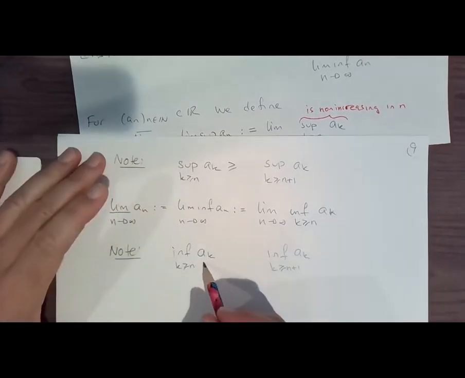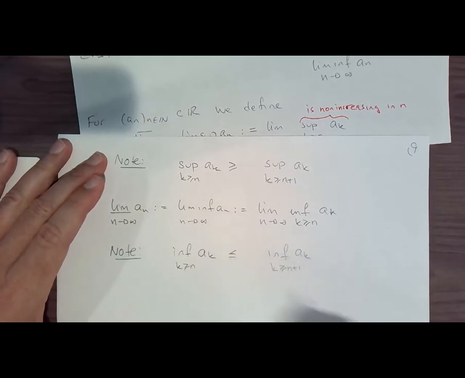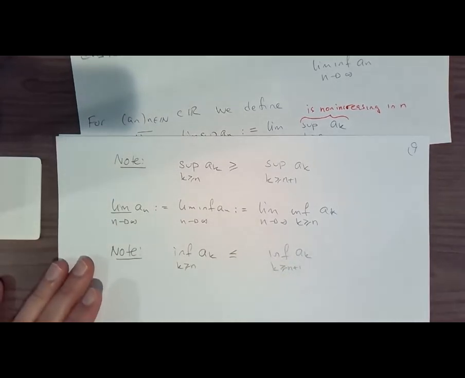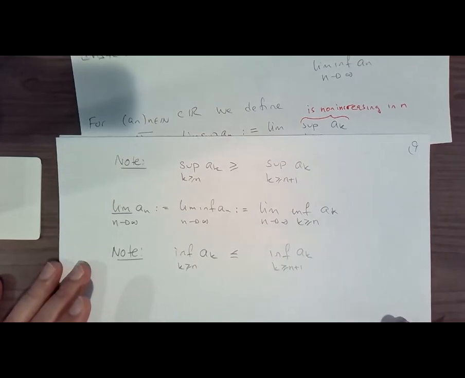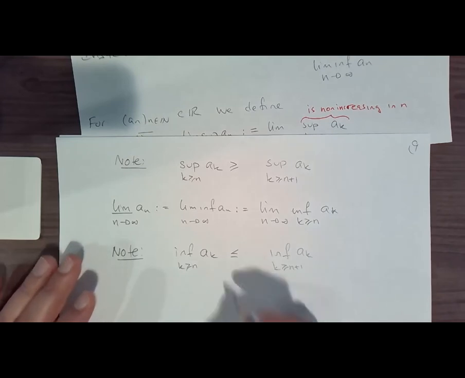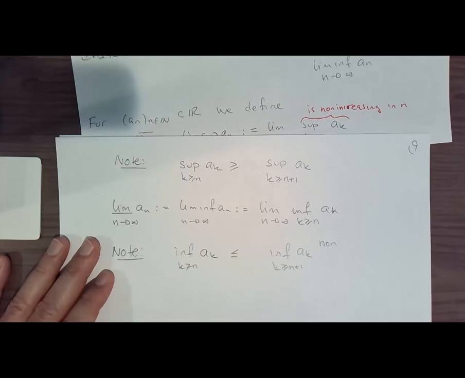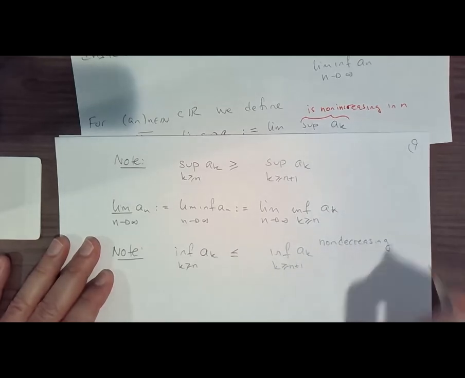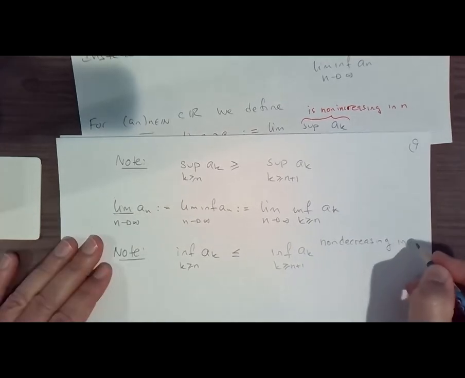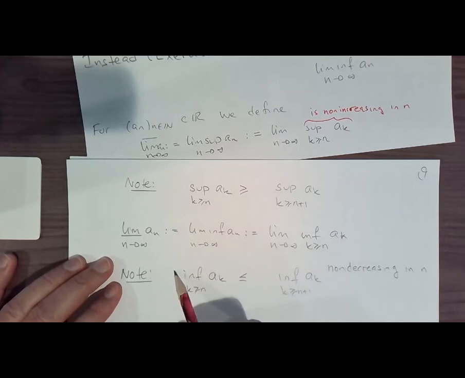Well, here it's different, because I again have more flexibility, and I'm trying to minimize. So I have more flexibility on the left than on the right, and I'm going to get that inequality. So what we're getting here is that this is non-decreasing, and it has a limit. And therefore it's okay. These quantities always exist.